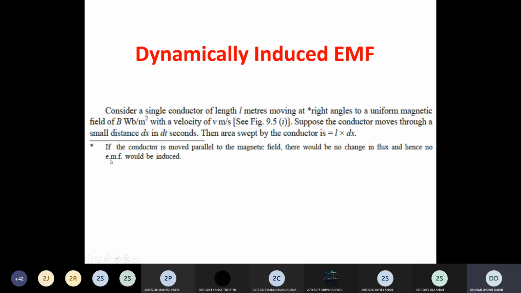If the conductor is moved parallel to the magnetic field, there will be no change in the flux and hence no EMF induced in the conductor. Clear? So remember that the conductor must always be moved at right angle to the direction of flux, and only then can you produce the EMF. Clear?